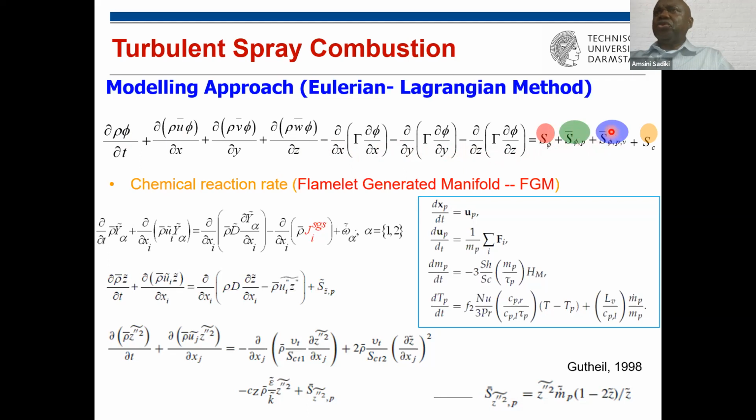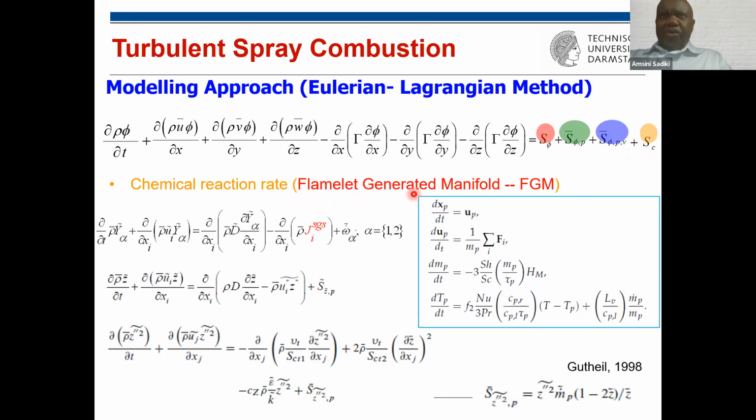Here we have the source term which accounts for the phase change, and we have the source term due to combustion. I have shown you some results, but I did not go into details on this. Now, if we use the tabulated chemistry, we know why it is important now from your lecture yesterday on turbulent combustion.